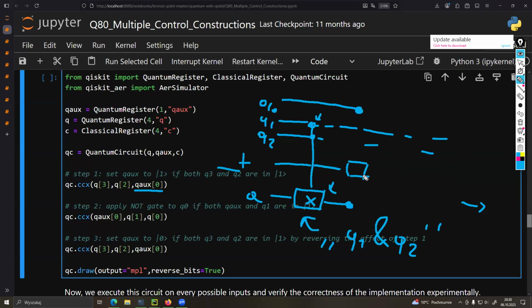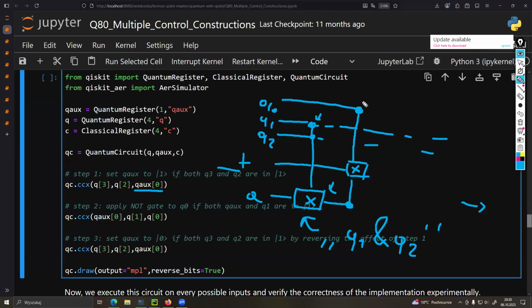So here's how I use more than 2 bits as my control. I have to use a temporary ancilla to store the temporary value, and then use that temporary value.